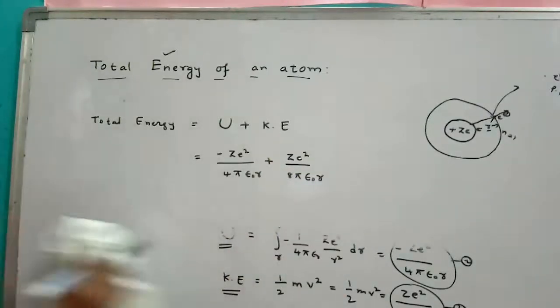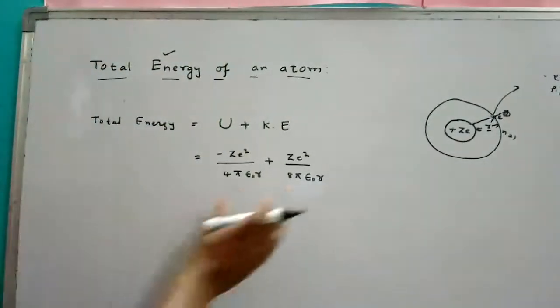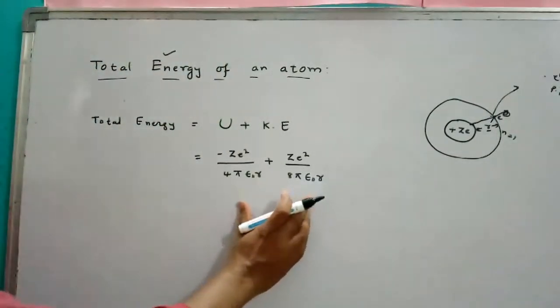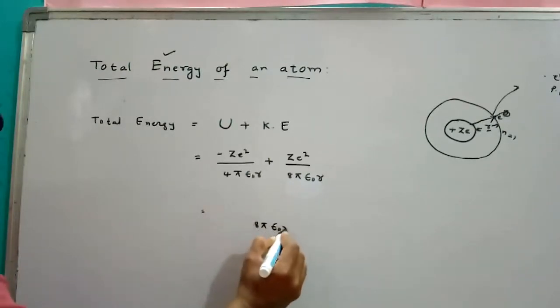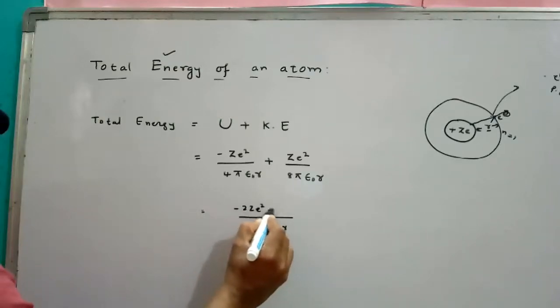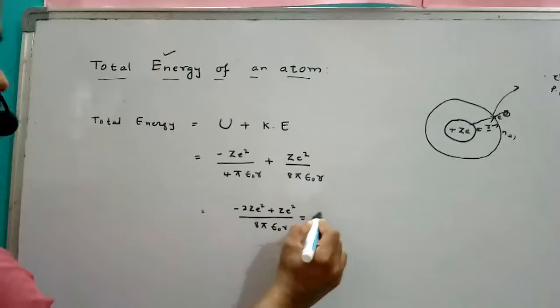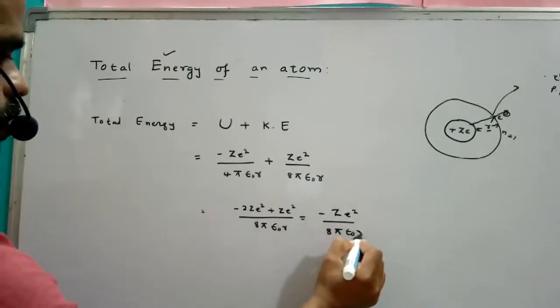Now we are calculating the total energy. Adding these two terms over 8 pi epsilon naught r, minus 2 Z e square plus Z e square, that is equal to minus Z e square by 8 pi epsilon naught r.